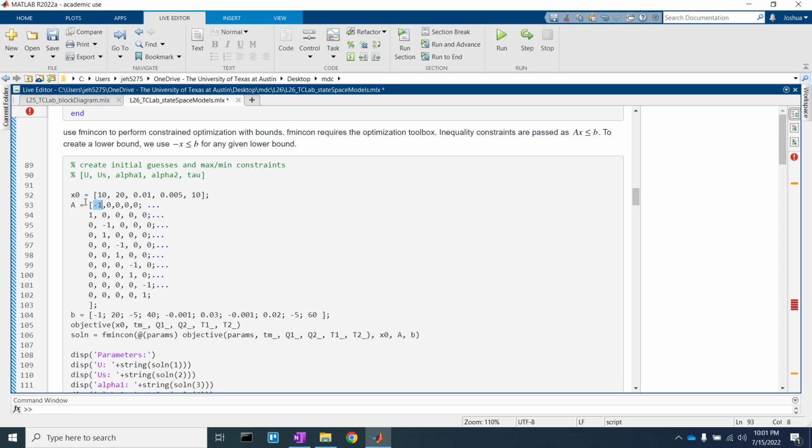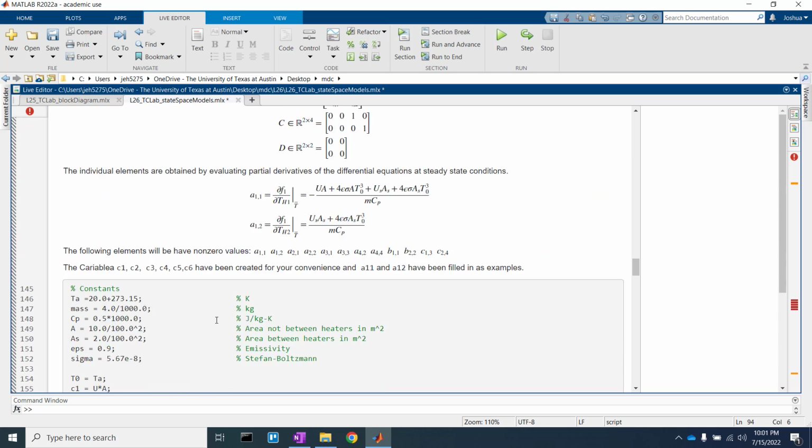And so if you multiply the negative over, u is greater than or equal to 1. That's how we get our lower bounds. Our upper bounds, similarly, 1 times u is less than or equal to 20. So we're between 1 and 20. Similarly, for our US, we're between 5 and 40. And that's how these bounds go.